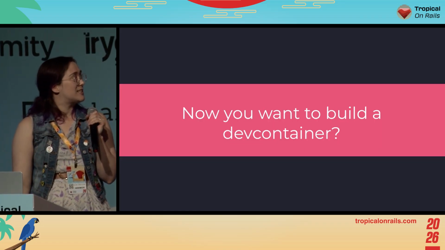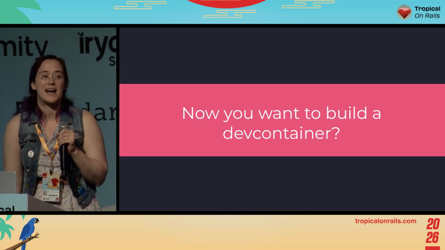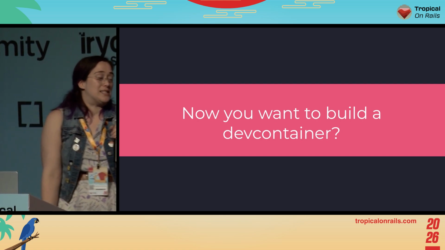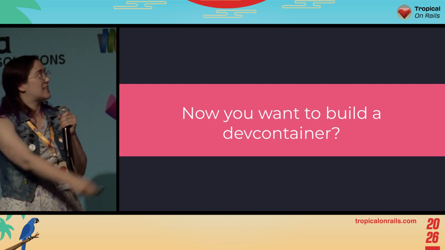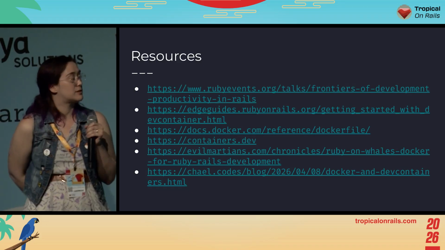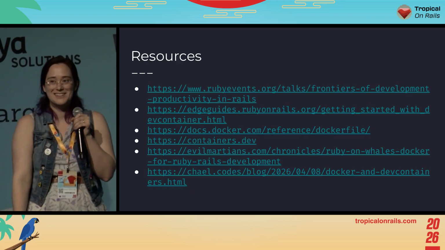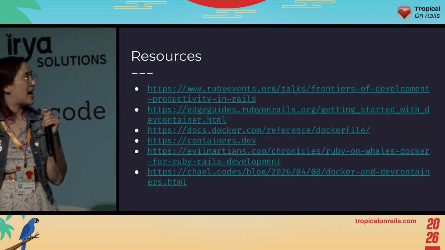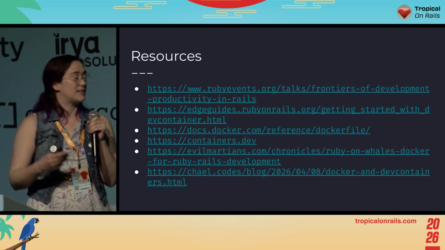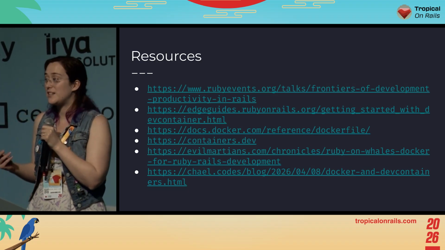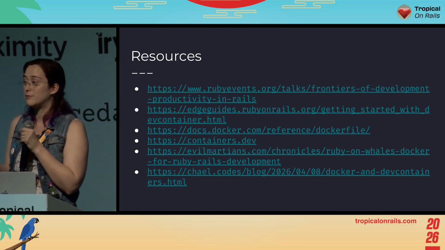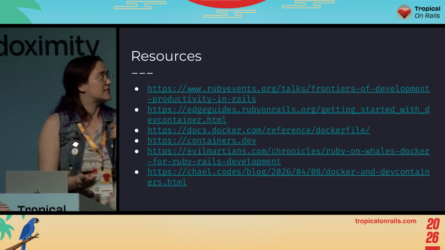And then our last question here, hopefully at this point you're asking, okay, maybe I want to build a dev container. And if that's the case, I have a couple of different resources for you. So first of all is that talk from Rachael. Next, we have the Edge Guides from Ruby on Rails on getting started with a dev container. Because they've built support into Rails, there is a Rails guide on how to set up a dev container.